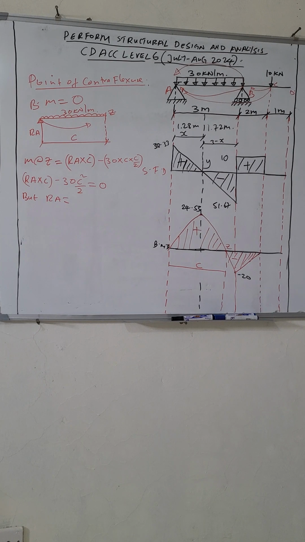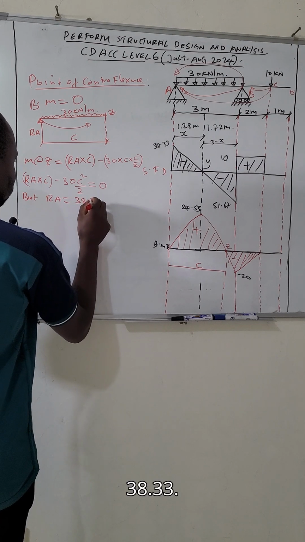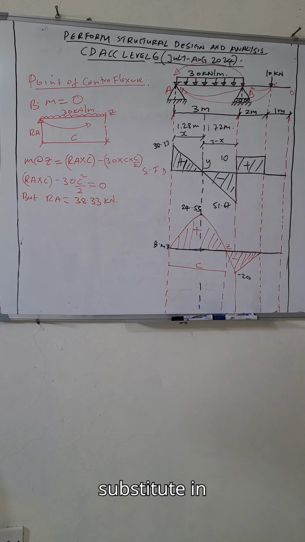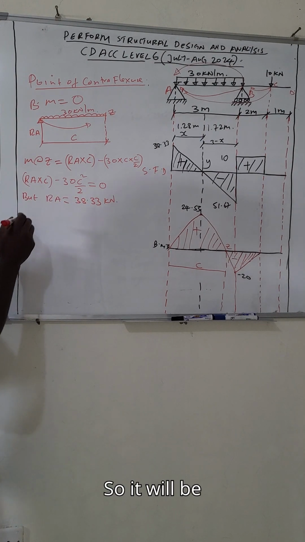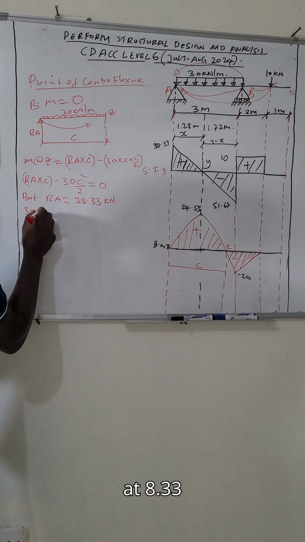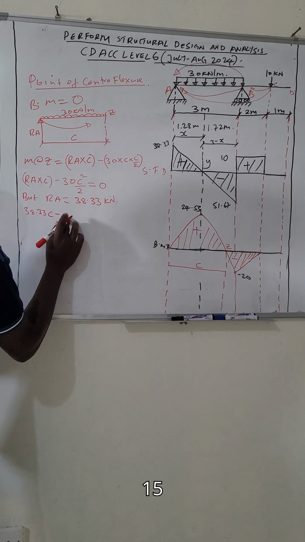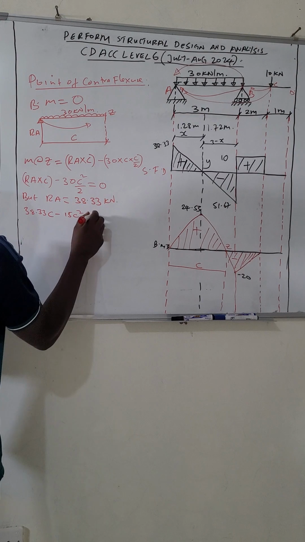RA is equal to 38.33 kilonewton. So substitute RA by this figure in this equation. So it will be 38.33C minus 15C squared equals 0.